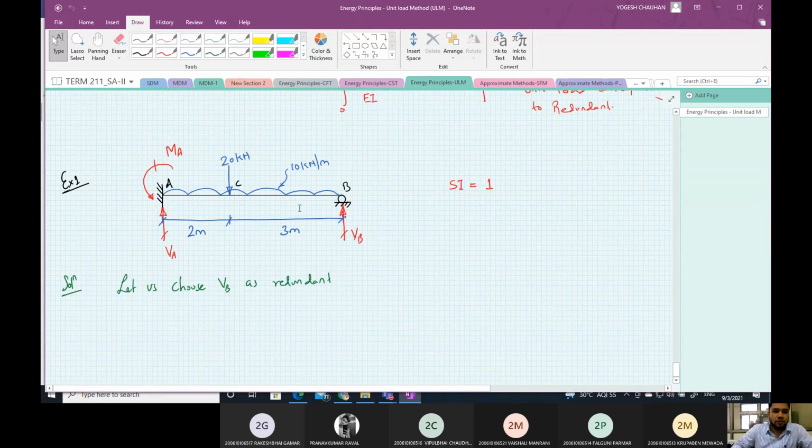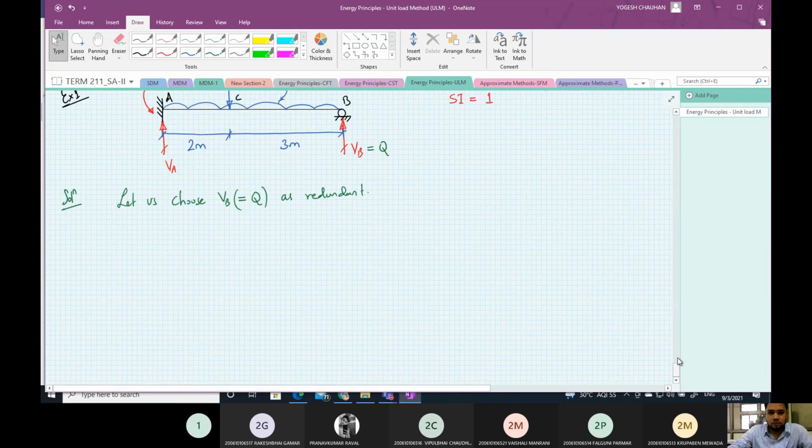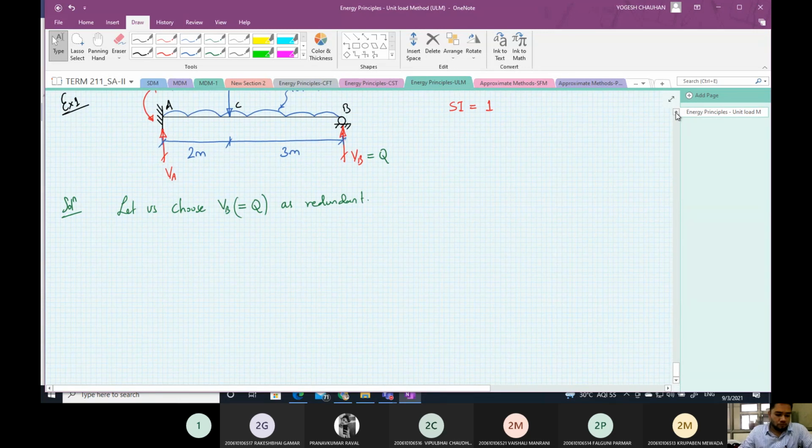So we write this VB is equal to Q. This is our redundant force. So let us choose VB equals Q as redundant. Now we draw two diagrams.